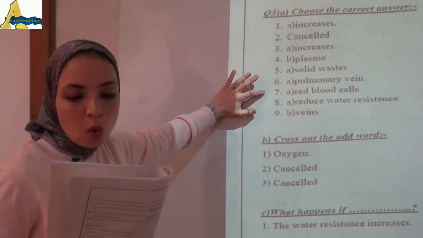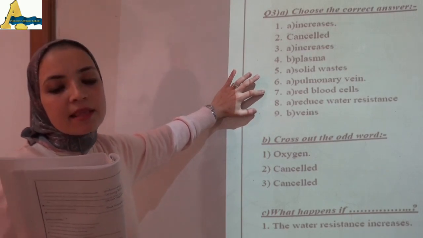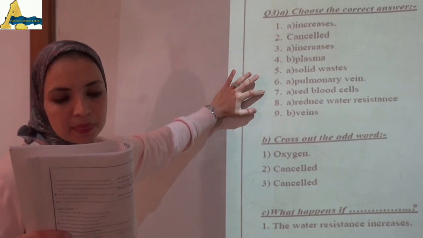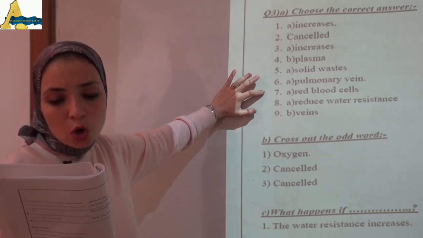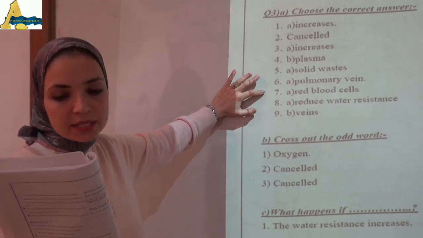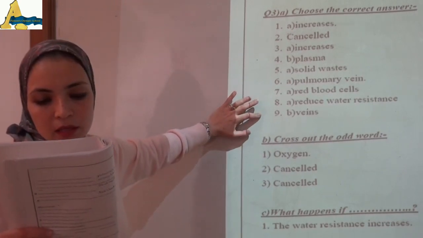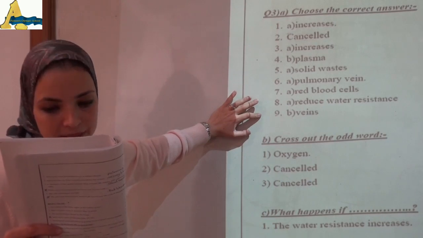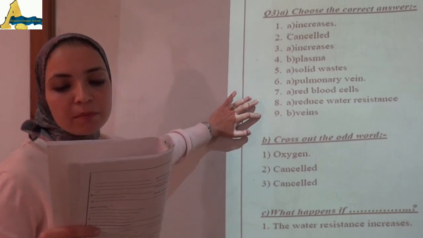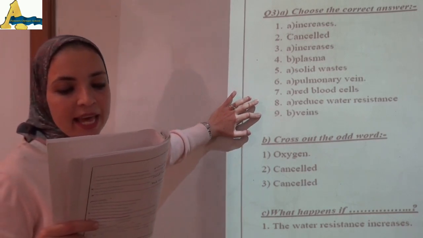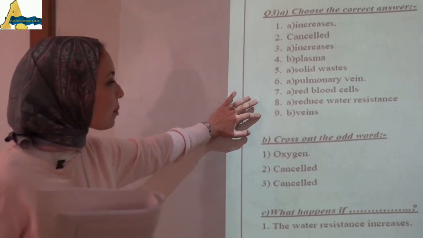Number 7, what carries oxygen and carbon dioxide? Yes, it's the red blood cells. Fish or dolphins have streamlined shapes to decrease the water resistance. Number 9, what carries clean blood after its filtration by the kidneys to the heart and then to all the body parts? It's the veins.